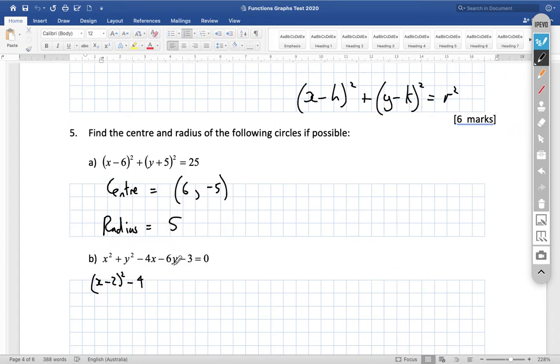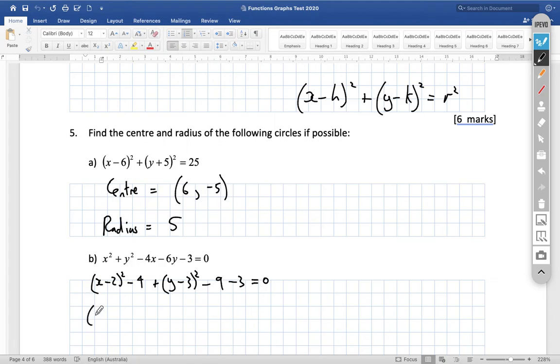All right, with the y's. So basically what I'm doing is halving. I'm looking for this number and just halving it. (y - 3) squared, but I've now introduced a 9. When I expand that out, I don't want the 9. I've also got a 3, all equals 0.